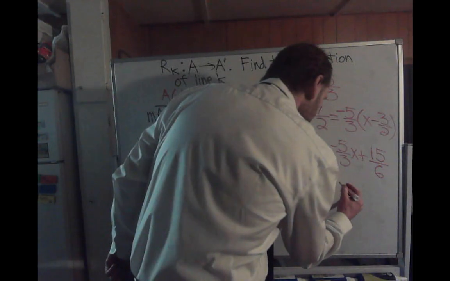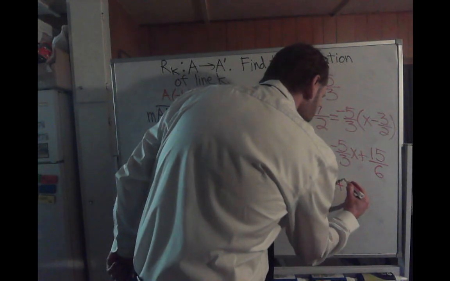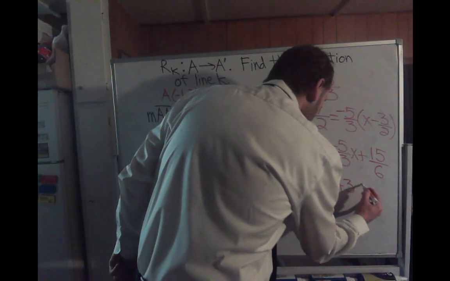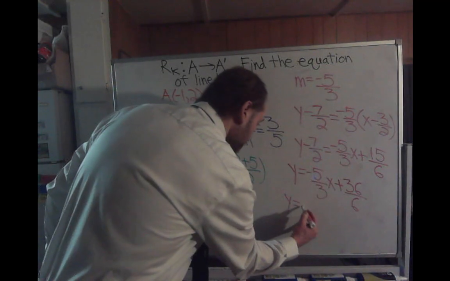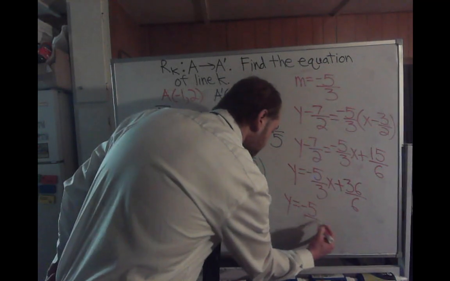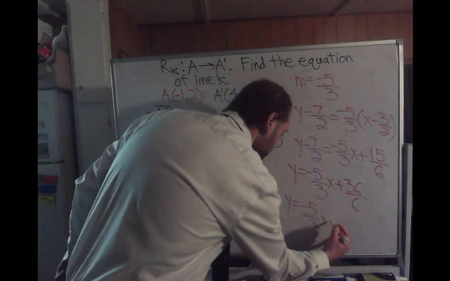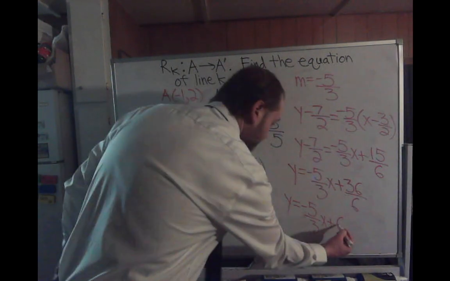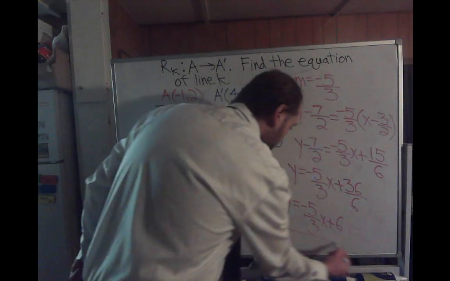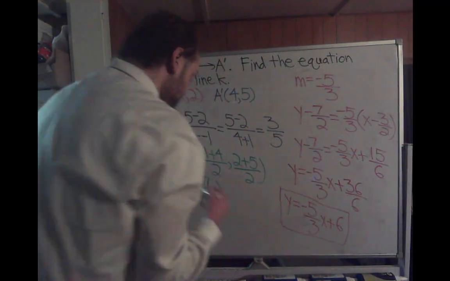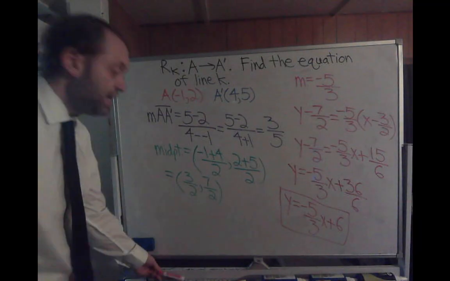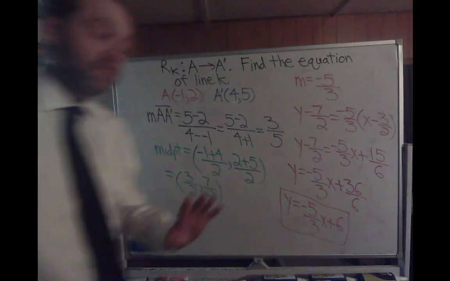You would end up getting -5/3 plus 36/6, which would simply turn this into y equals -5/3 x plus 6. So the equation of the line of symmetry in this case would be y equals -5/3 x plus 6.